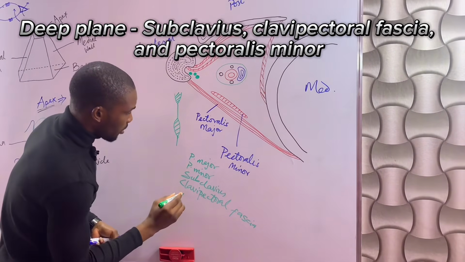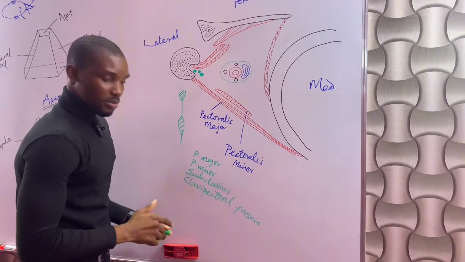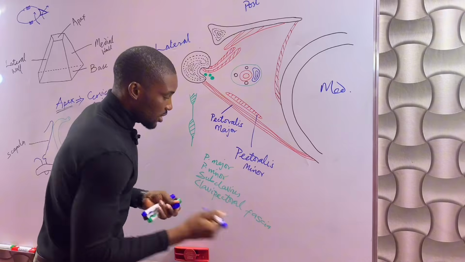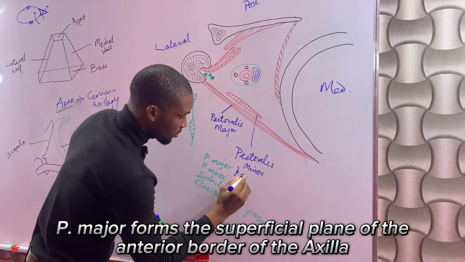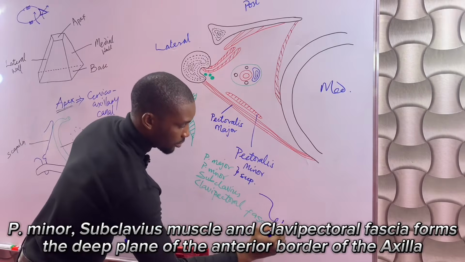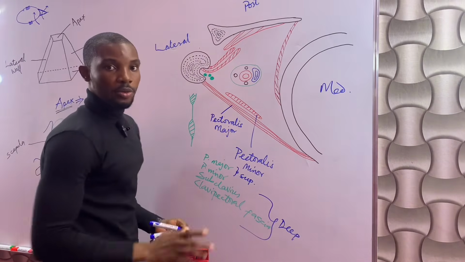Okay, that's all. So basically, it consists of these structures, but then this is superficial and this is deep, all for the anterior border.